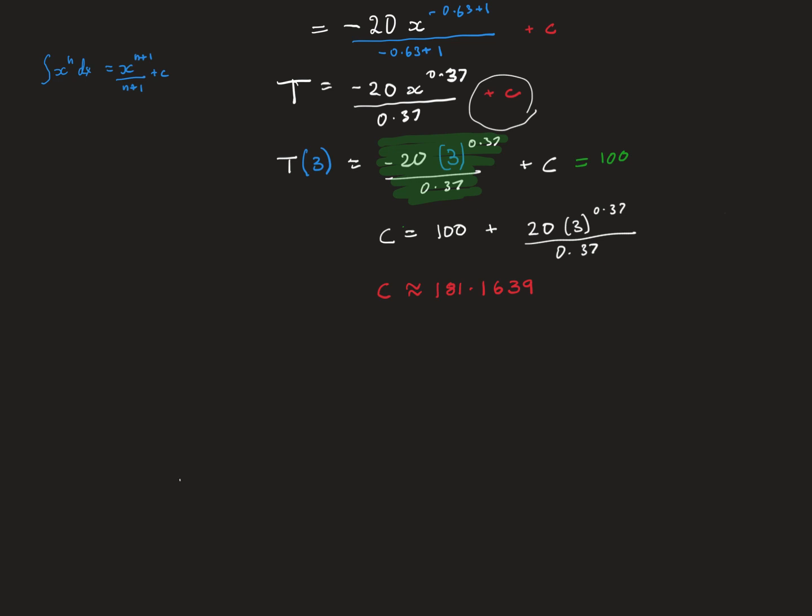And of course, I used a graphics calculator to determine that. So now I know that my temperature function is going to be minus 20 x to the 0.37 divided by 0.37, and then we add that constant, which is 181.1639.